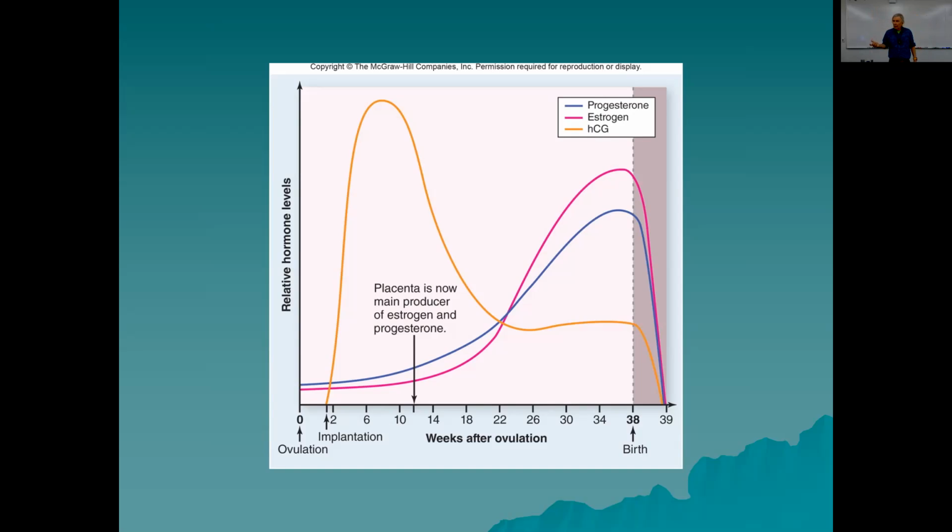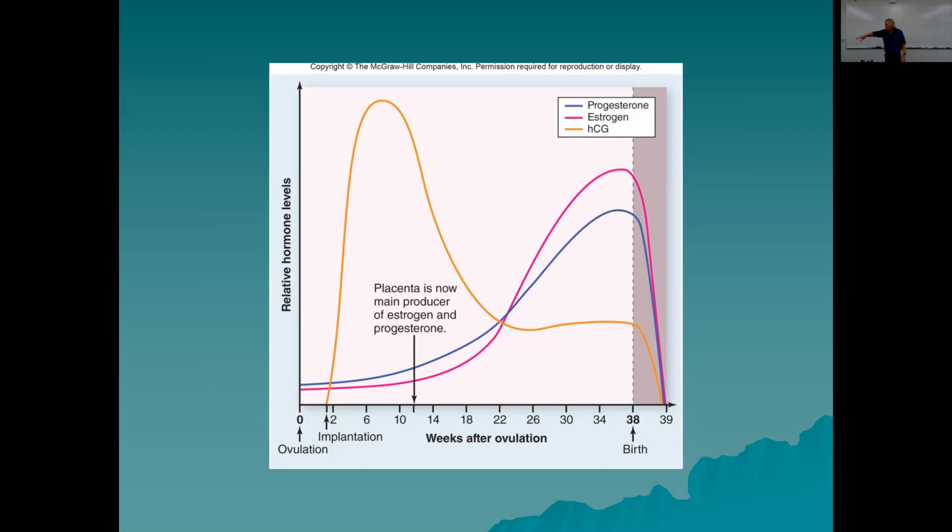Because the early placenta, for some reason, can't make progesterone. After about 10 or 12 weeks, after like the first trimester, really, the placenta now can make progesterone, and the HCG falls off. You no longer need HCG because now the placenta itself makes its own estrogen.